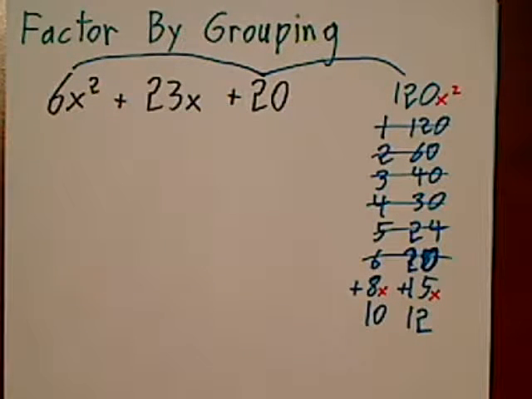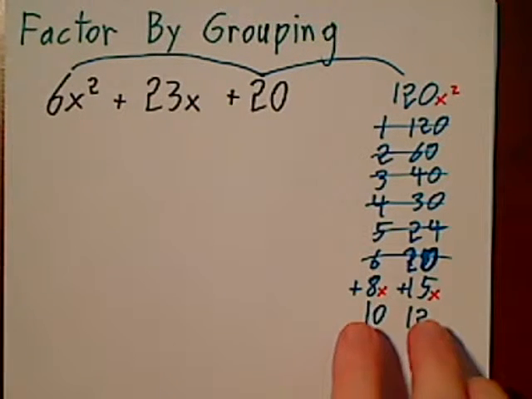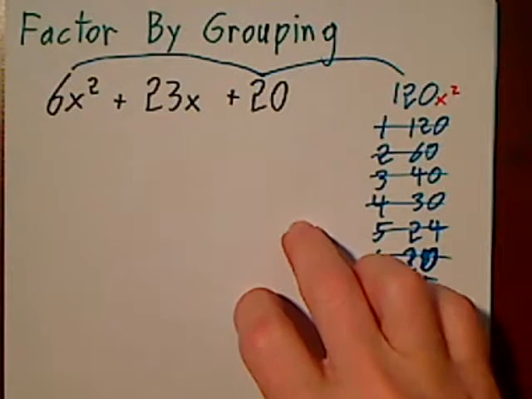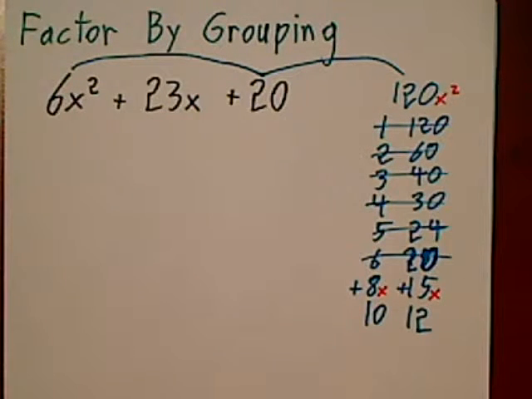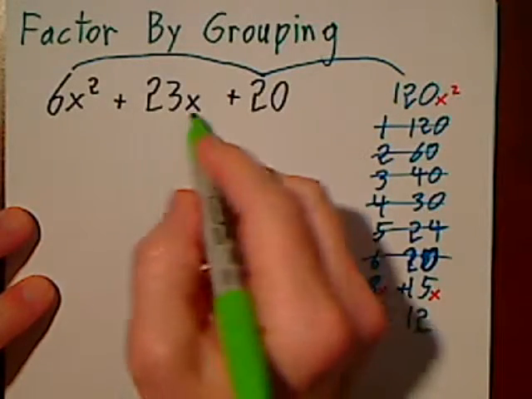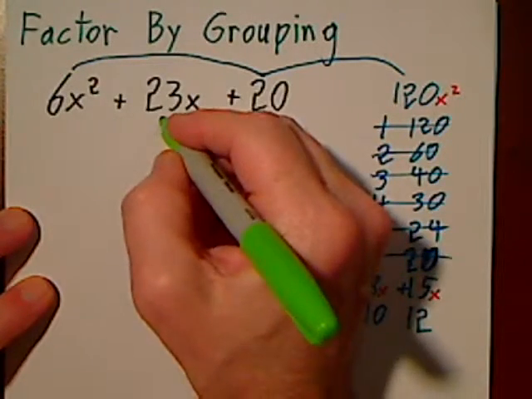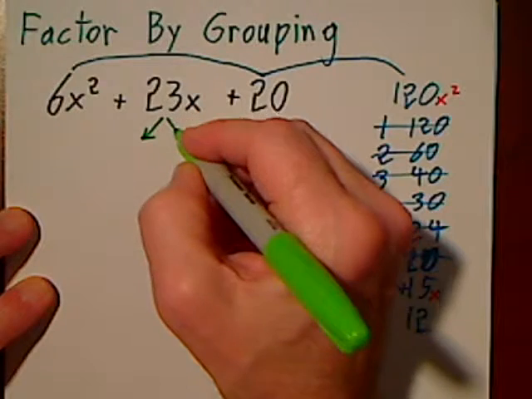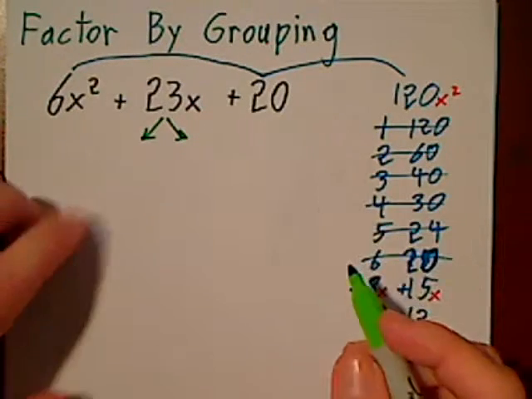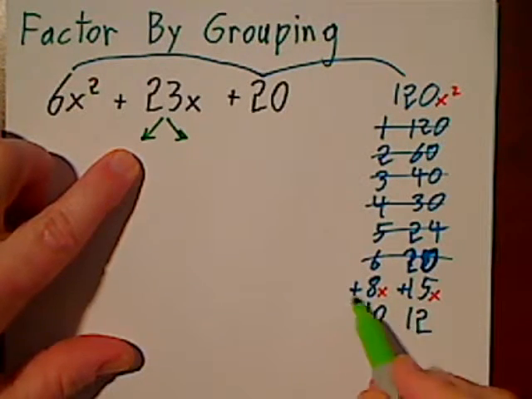And with factor by grouping, instead of taking these two numbers and plopping them into the box, you basically rewrite this middle term as these two terms.